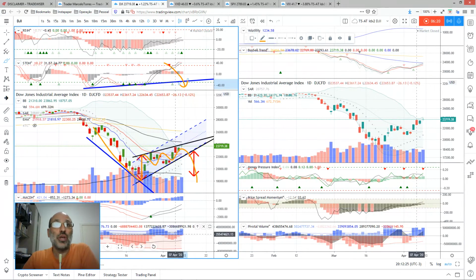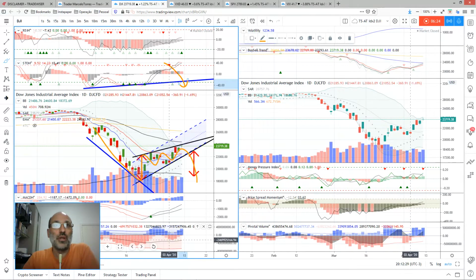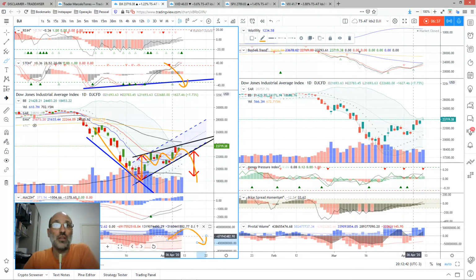As you can see, we have a positive volume wave being formed, but this could go down since, like I said, we still have some time to form a positive move inside the wedge before it goes down. So we might have, I would say, maybe 3 or 4 days, maybe the whole week, this next week would be a positive week. Then we might meet something that would push it down, okay?